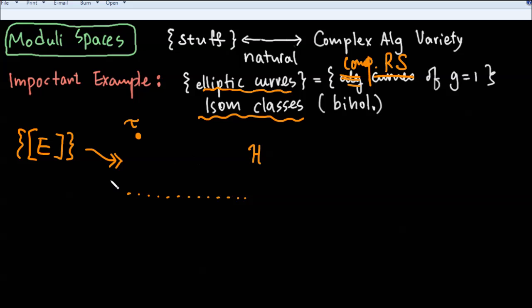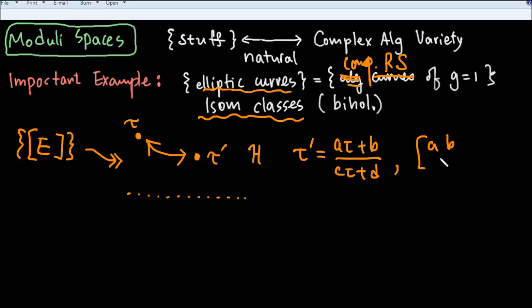And it's not yet one-to-one. It turns out there's another one, tau prime, that's in the upper half plane. They actually correspond to elliptic curves that are isomorphic to each other. So what is the connection? What is the relationship between these two complex numbers in the upper half plane? It turns out that tau prime is (a tau plus b) divided by (c tau plus d), where a, b, c, d make an integer matrix with determinant 1, so-called SL2Z.